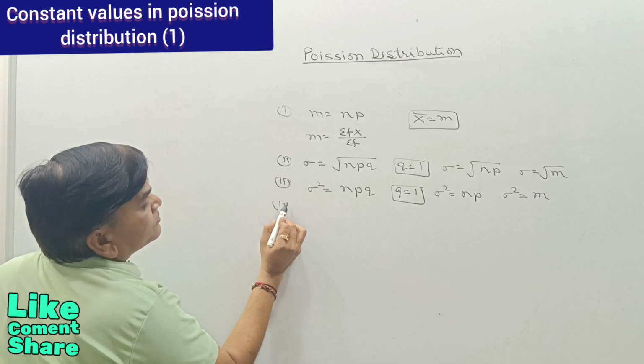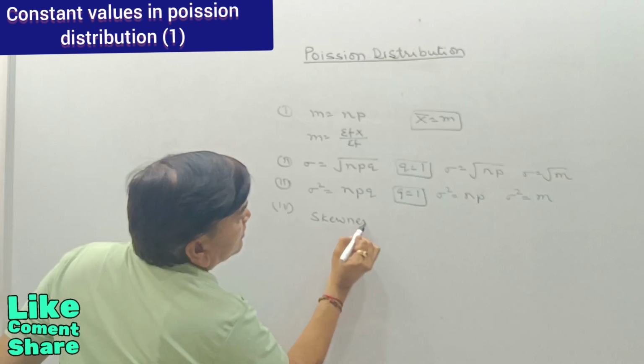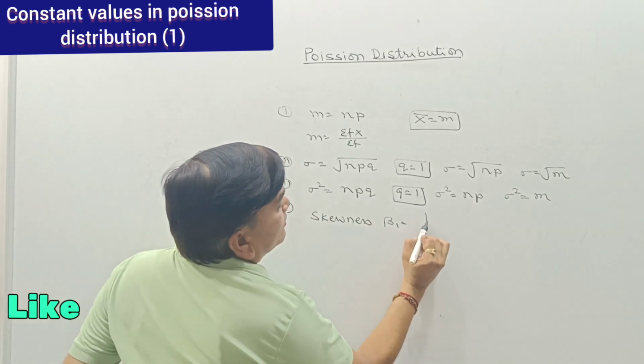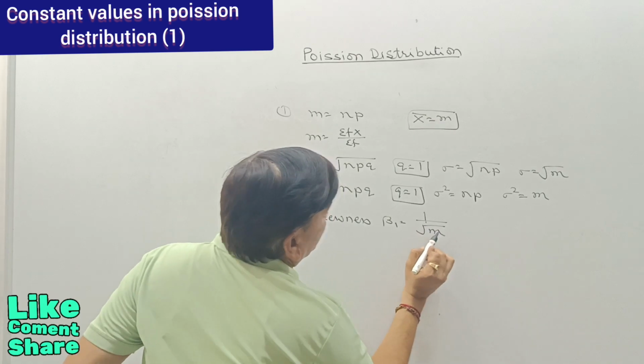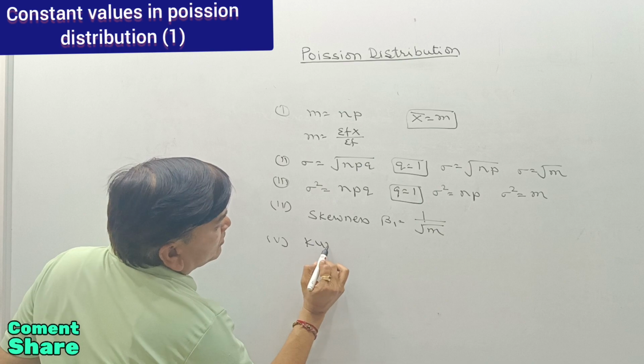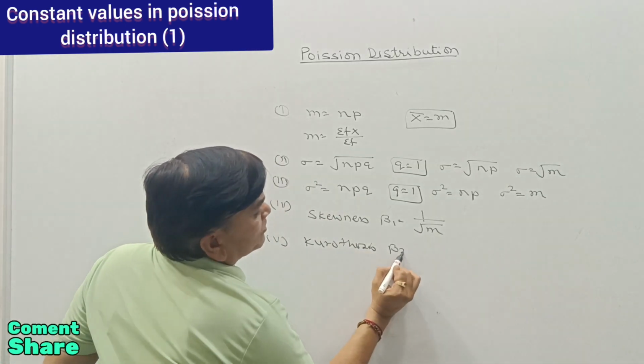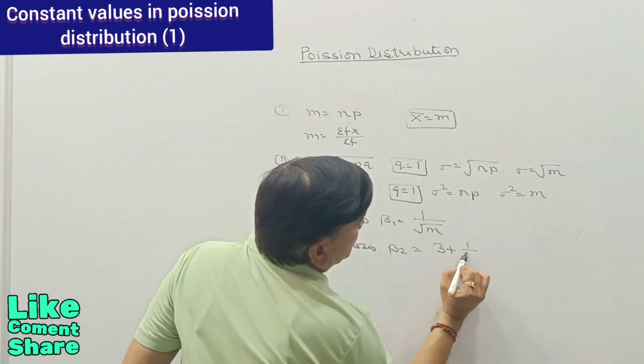Fourth one, that is called skewness, that is beta 1, that is 1 upon root m. And fifth one, that is kurtosis, the measure of kurtosis, beta 2, that is 3 plus 1 upon m.